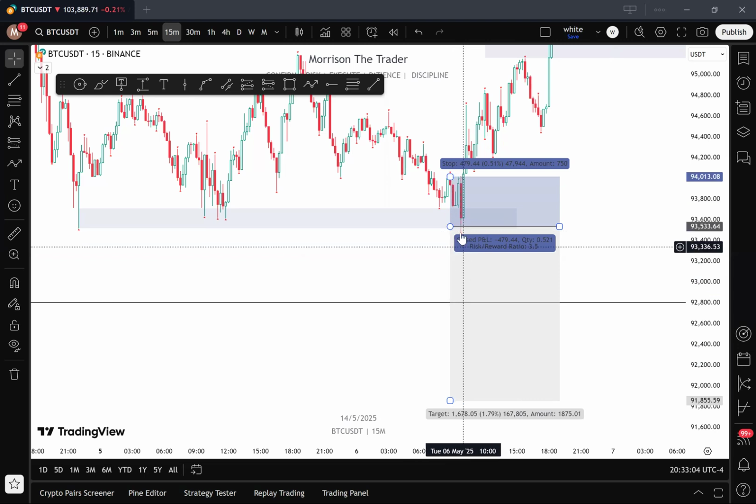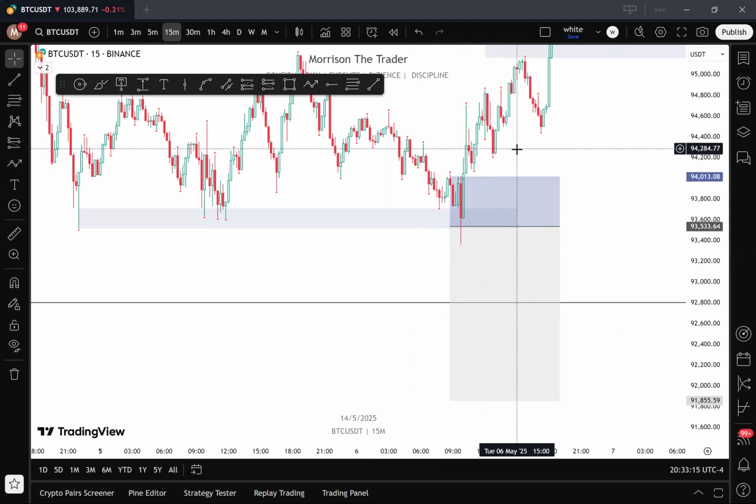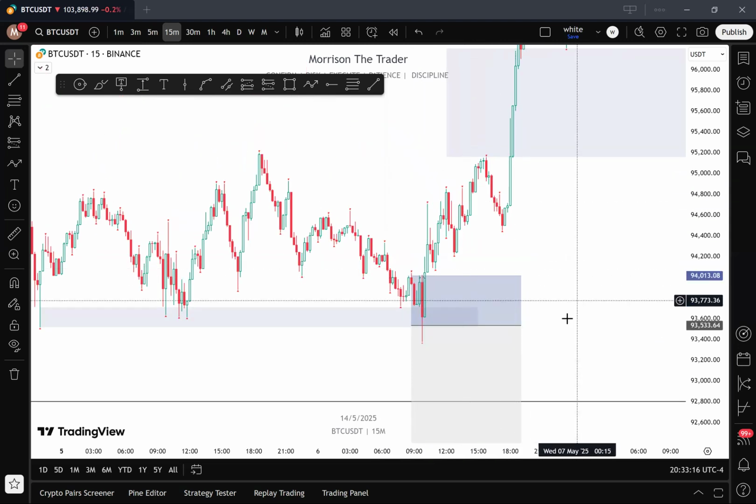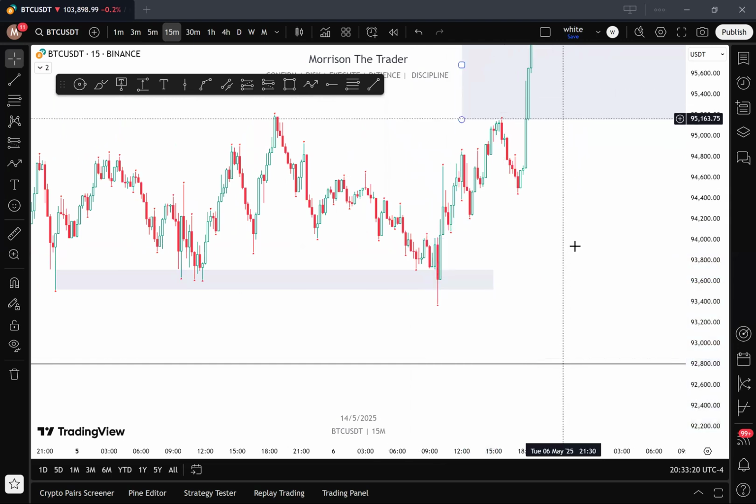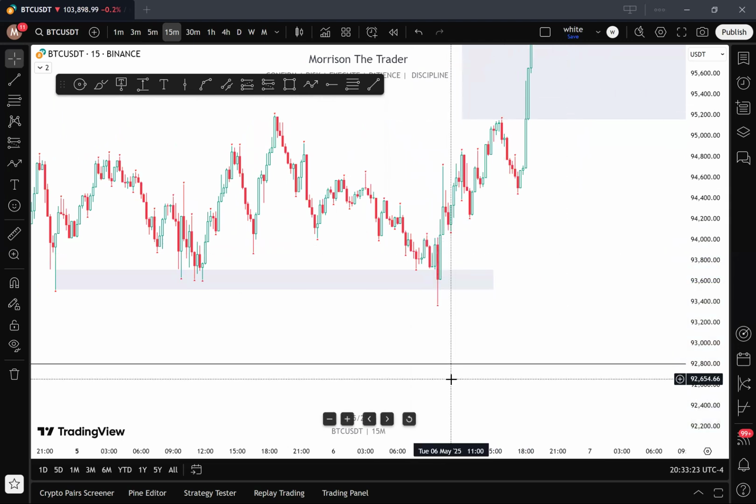It triggers their order, making them think now the price is going below. And then what does it do? Moves right through their stop loss and then moves in the opposite direction. So this is what we call manipulation. The chart has been manipulated by the institutions.